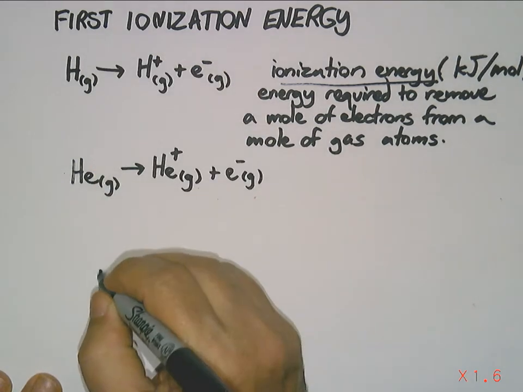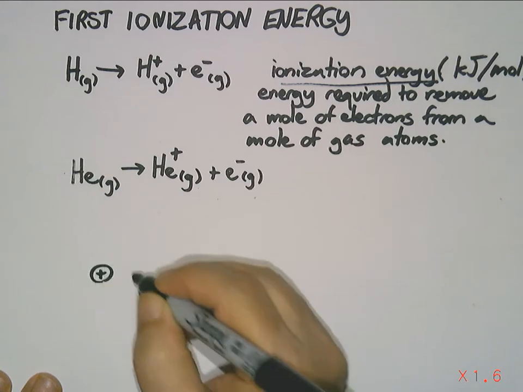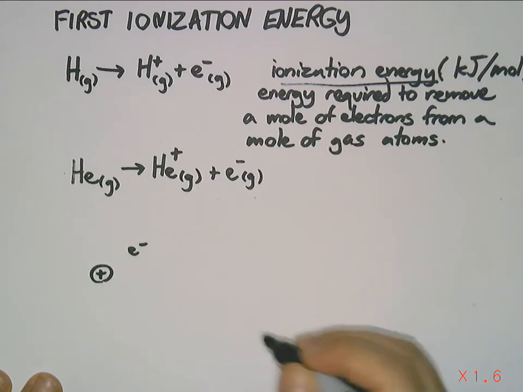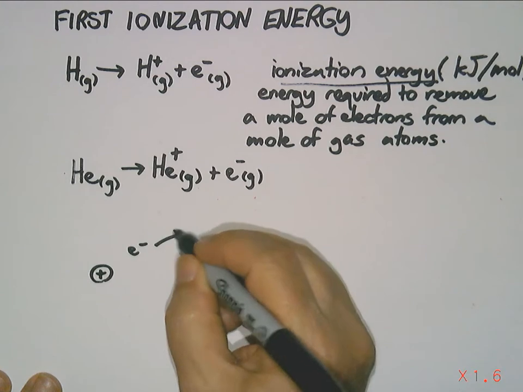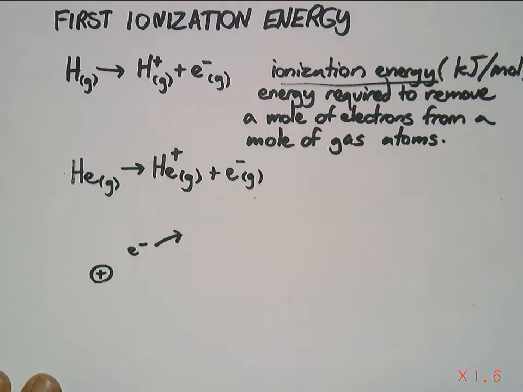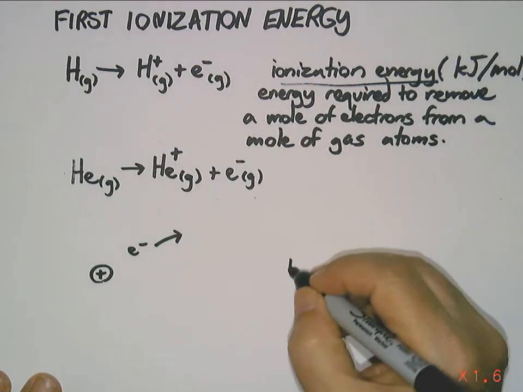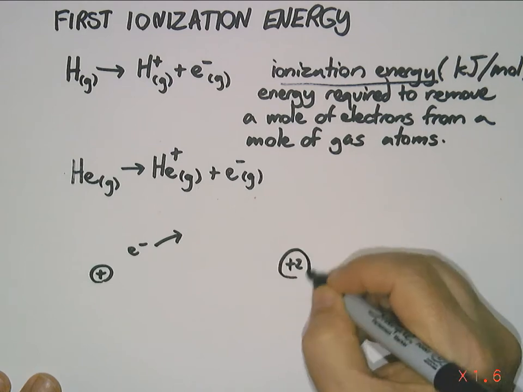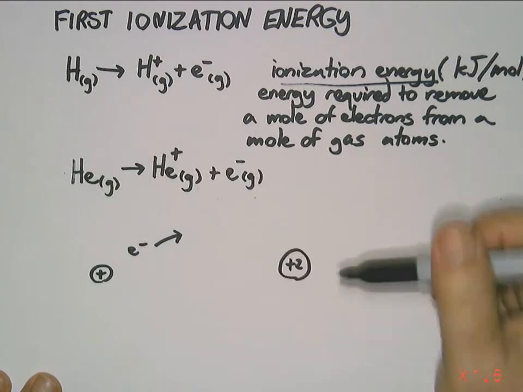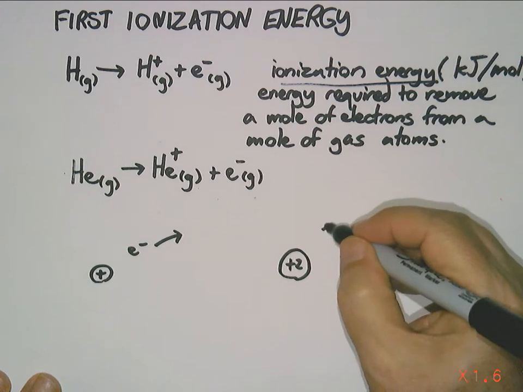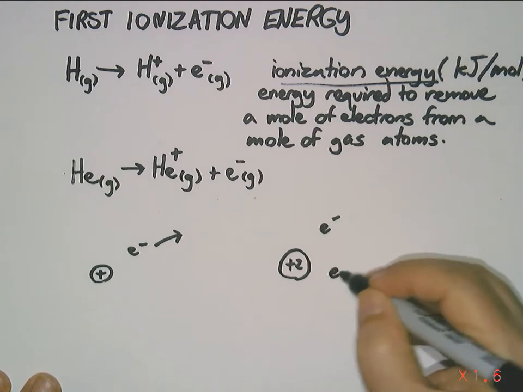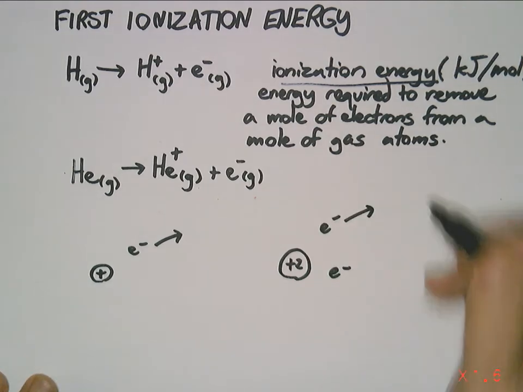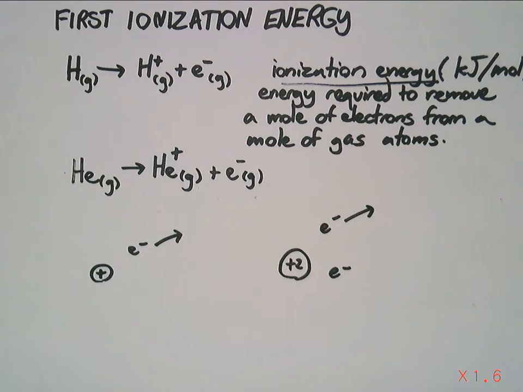With this first reaction, we have a proton in the nucleus, and the electron is out here, and I am yanking that electron off. In the second process, I have a +2 charge on the nucleus, because this has atomic number 2, and I have 2 electrons, and I am yanking one of them off. Which one's going to be easier?